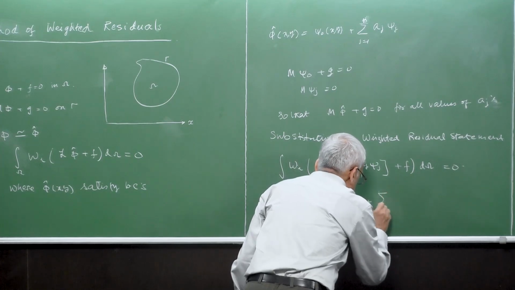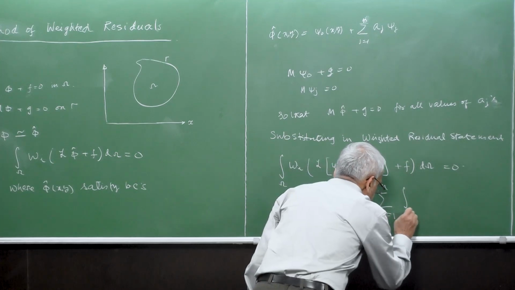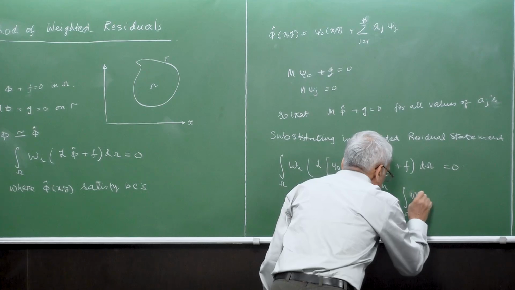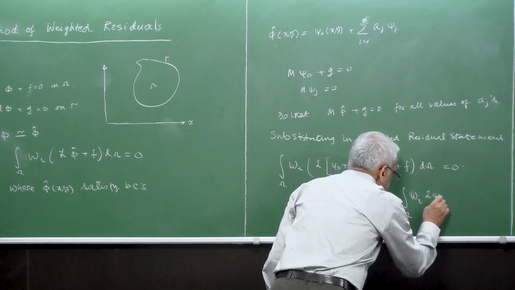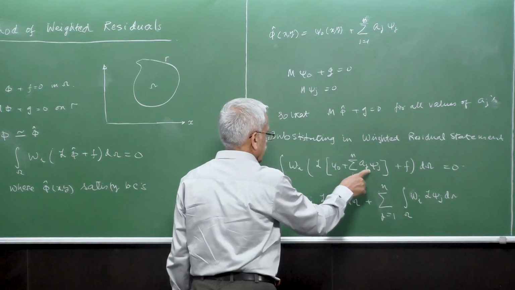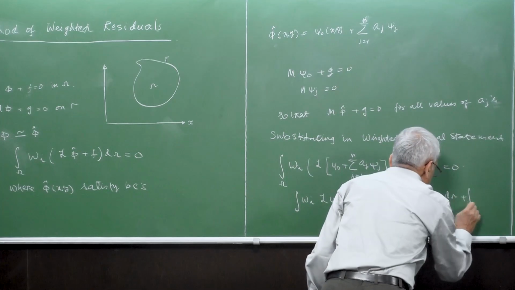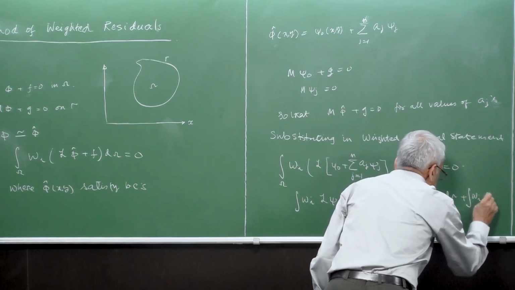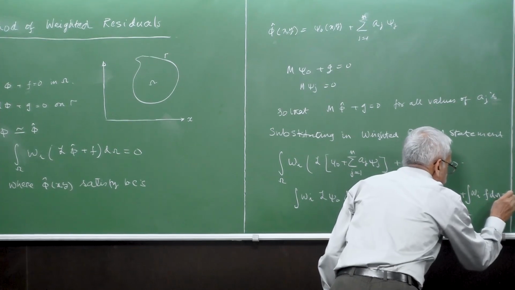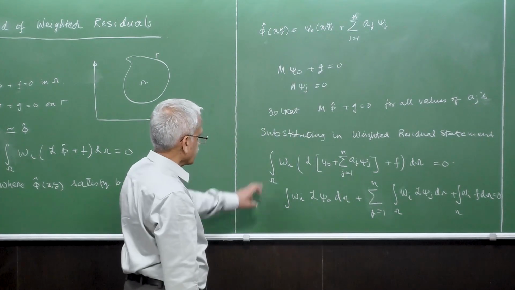So the summation we take outside, and we have Wi L psi j. This is the second part. And then there is one more term, Wi f, which is equal to 0 here. So this is the expansion.